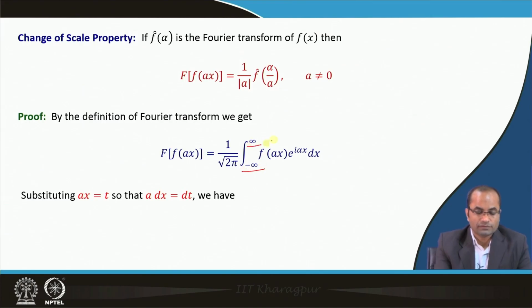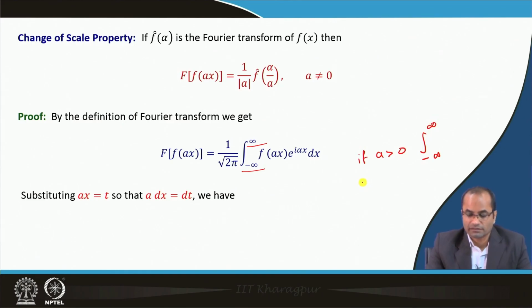However, the range of integration, which was minus infinity to plus infinity, will remain the same if a is positive. If a is positive, the range of the integral after this substitution will remain the same, but if a is negative, because we have not fixed the sign of a, the limits will change, and there will be a minus sign.